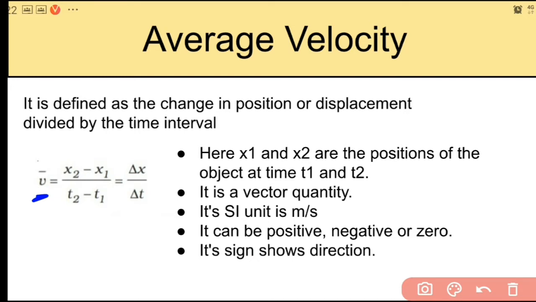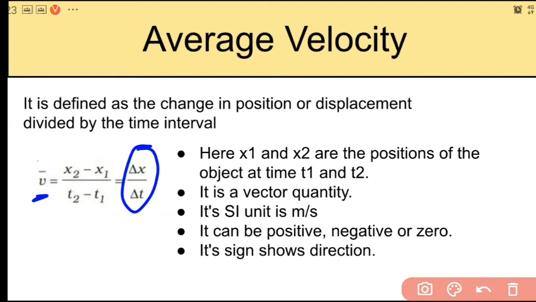So it is simply displacement by time interval, delta x by delta t. Displacement can be positive, negative or zero. In the same way, average velocity also can be positive, negative or zero.